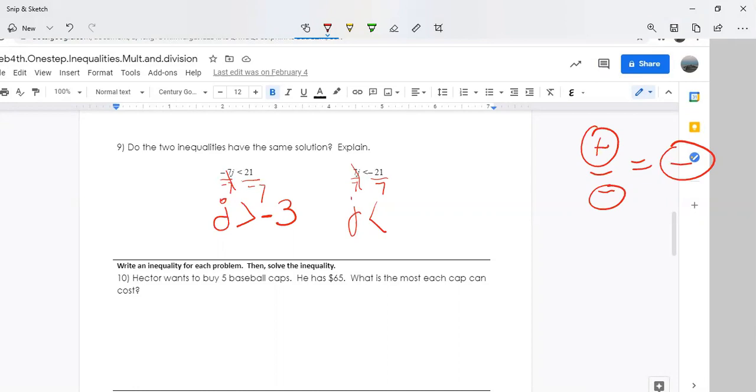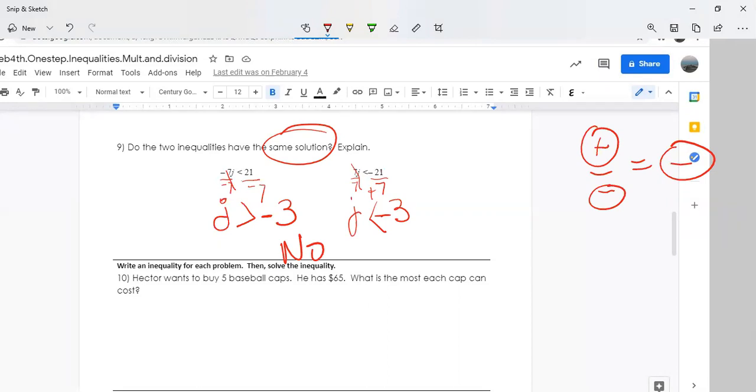And 21 divided by 7 is 3. And a negative divided by positive is a negative. So J less than negative 3. So do they have the same solution? No. The first one says any number greater than negative 3. Next one says any number less than negative 3. So they don't have the same solutions.